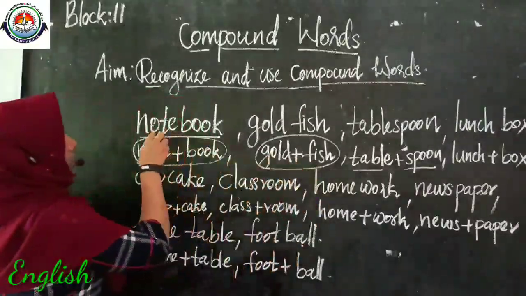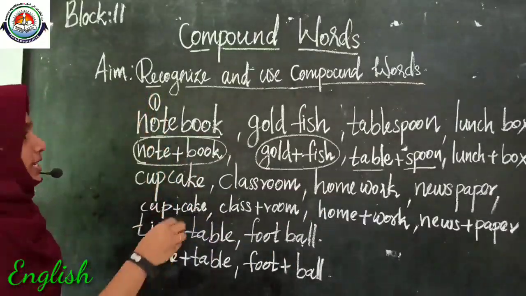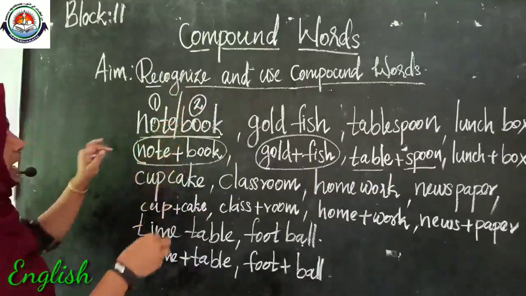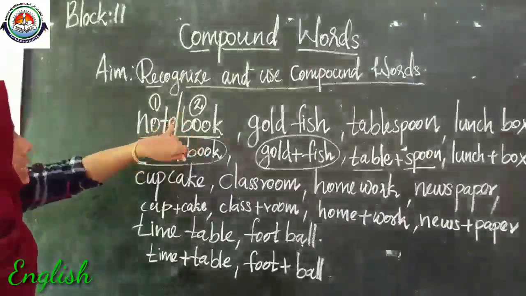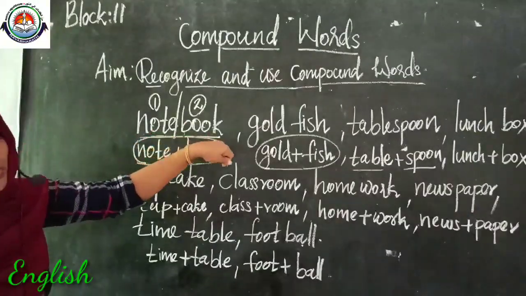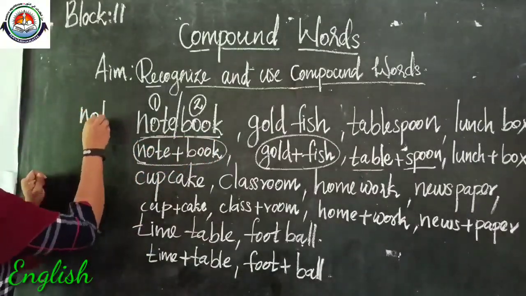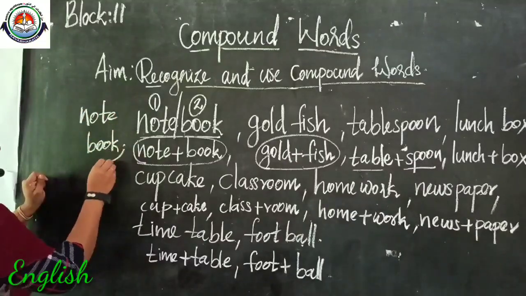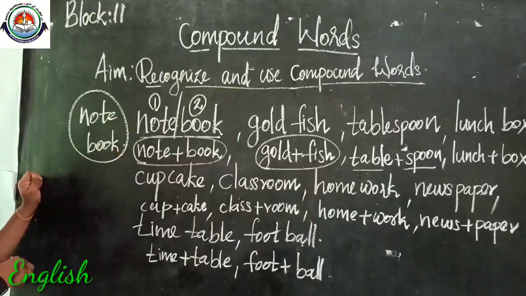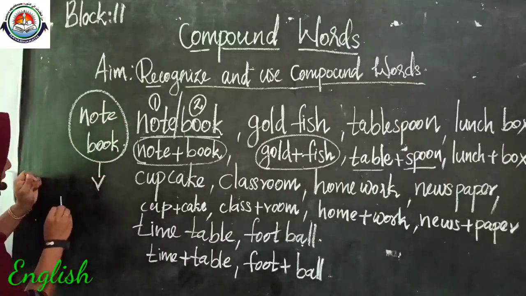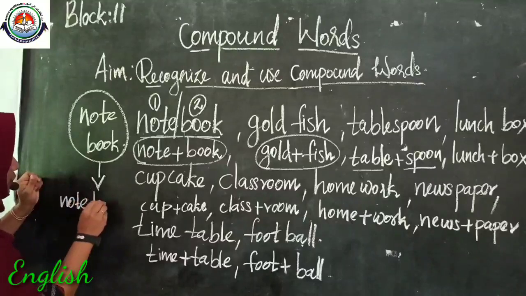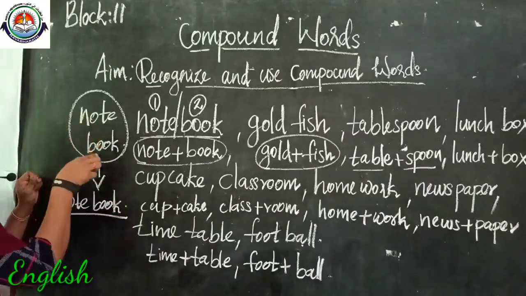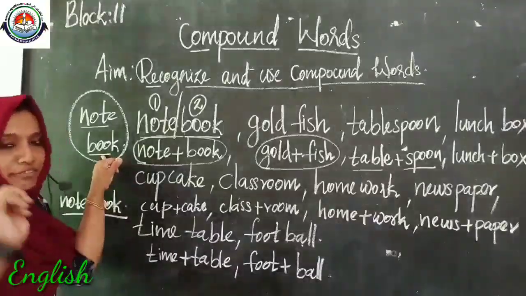See here, this is one and this is two. We have cut these words into two: note and book. By taking these two words together, we make one long word, notebook. Both note and book are meaningful words.